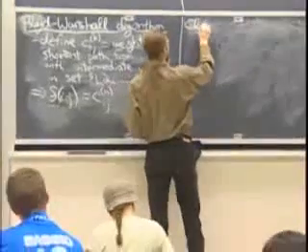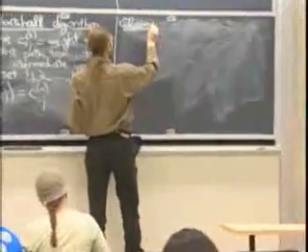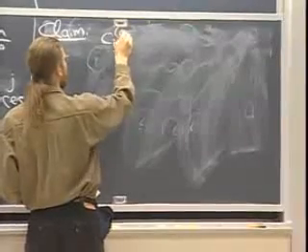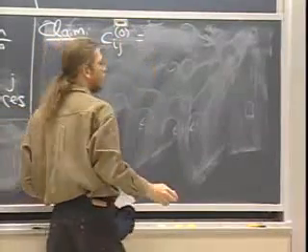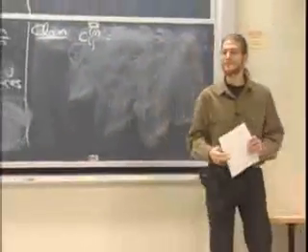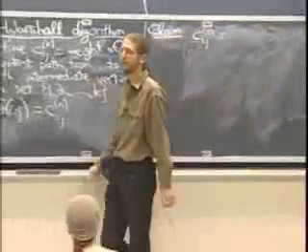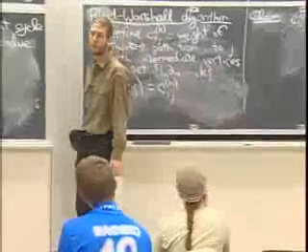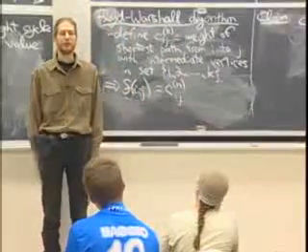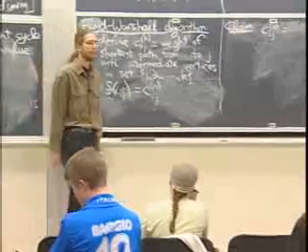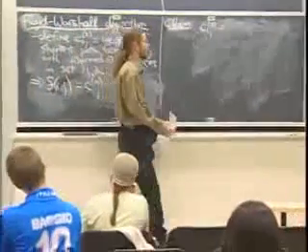So here's the new claim. If we want to compute Cij superscript 0, what is it? Superscript 0 means I really shouldn't use any intermediate vertices. So this has a very simple answer, a 3-letter answer.